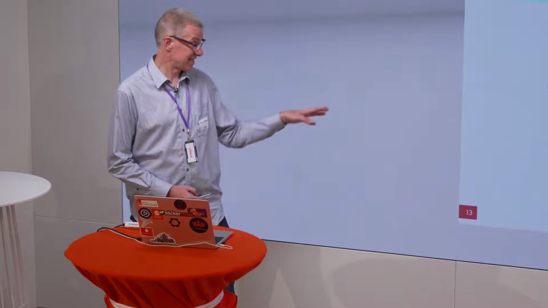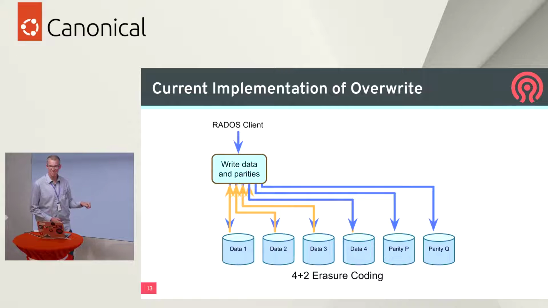There are some fairly simple optimizations we can do to this. The first thing is it really does go and read all of the data. So if I was overwriting 95% of that data, it would still go and read all 100% of it, and then it would merge the 95% that we're overwriting with the 5% that it needed, calculate the new parities, and then write everything back. If I'm only modifying 5% of it, it reads 100%, merges the 5%, and then writes all 100% back.